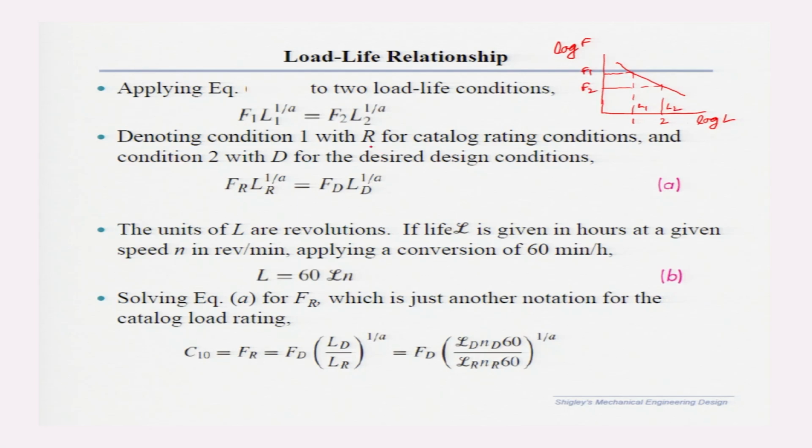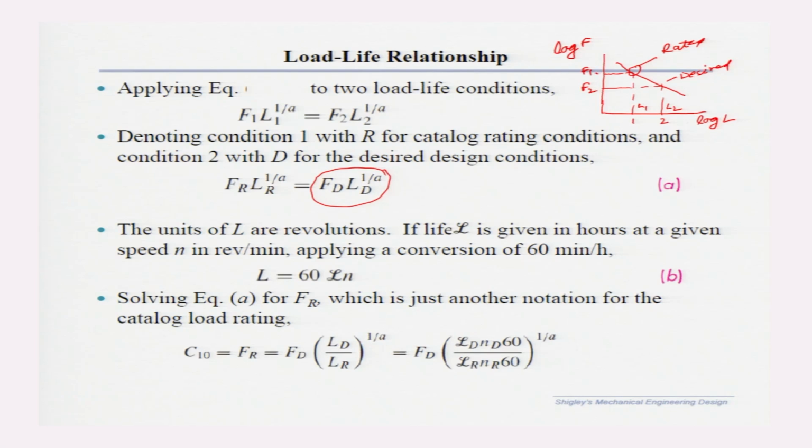So the relationship will be F1 multiplied by L1 to the power 1 by a is equal to F2 multiplied by L2 to the power 1 by a. Now denoting condition 1 as rated, this one is taken as the catalog rated, which we get from the catalog. So we will say the first as FR LR to the power 1 by a is equal to the desired value. This is called the desired.